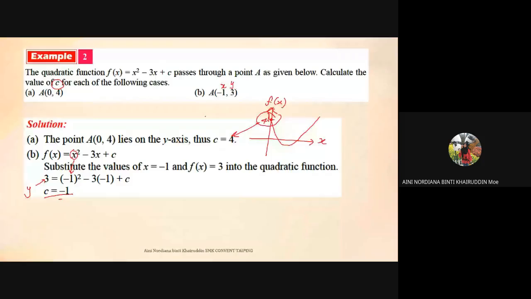Sini x. X tu sebagai value y. Tukar to f and then x tu start with negative 1. Then you buatlah kalkulasi equals to negative 1. So this is the answer for B. Because the question asks you to calculate the value of c. Okay tak? Clear tak?